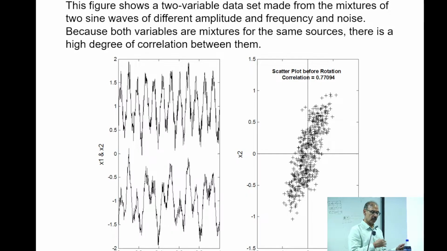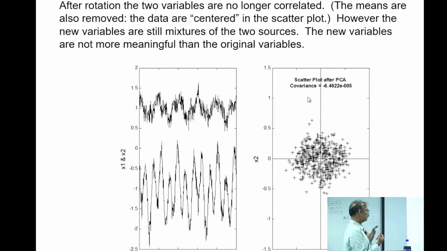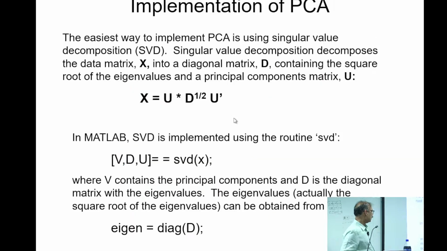But then you can remove this effect and redo it, and then if you do the correlation between them, the correlation will be 0, right? And the way we do the implementation in MATLAB is called SVD.